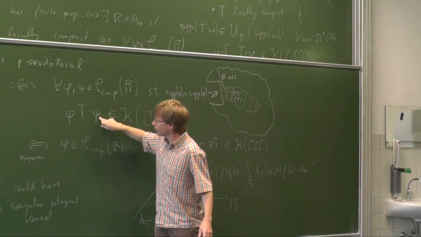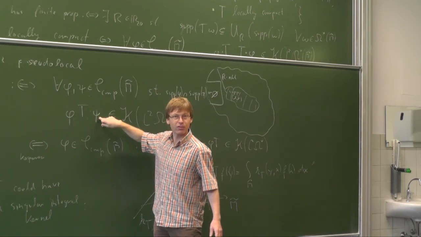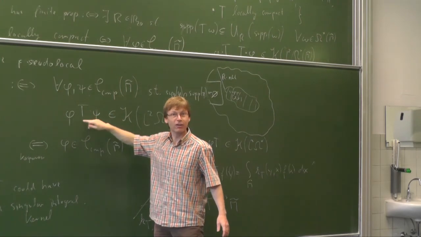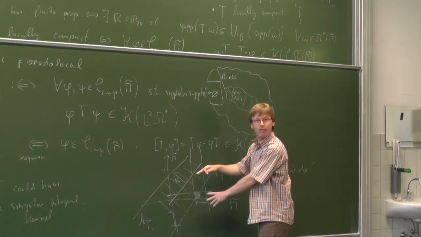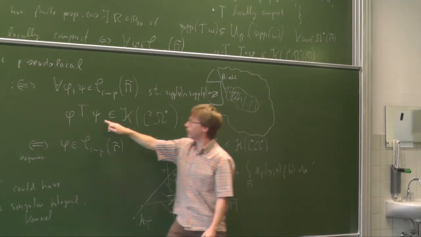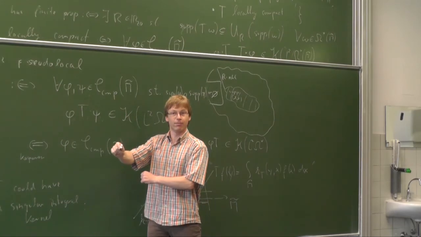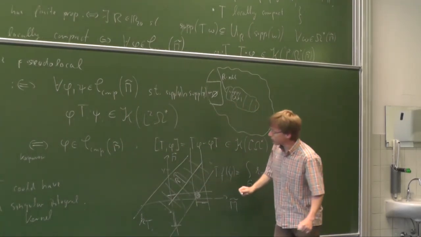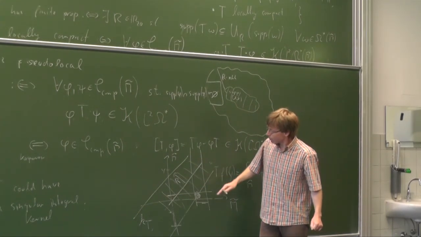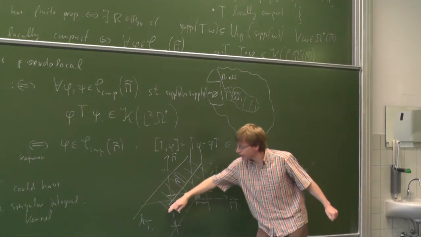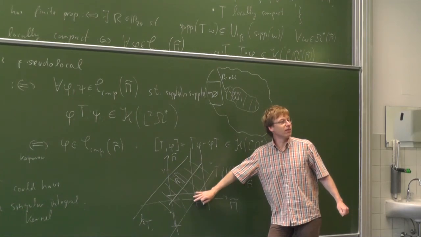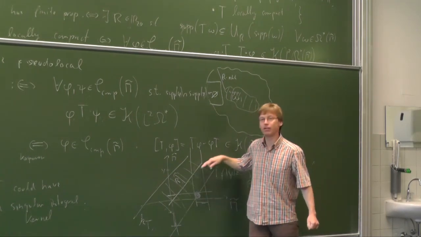If these were characteristic functions of sets that are disjoint, we cut out some corner of the matrix, but this will not touch the diagonal because phi and psi have disjoint supports. Okay? So pseudo-locality says that if you pick out some piece of this matrix which is not touching the diagonal, then this piece is a compact operator. But the diagonal is completely uncontrolled.